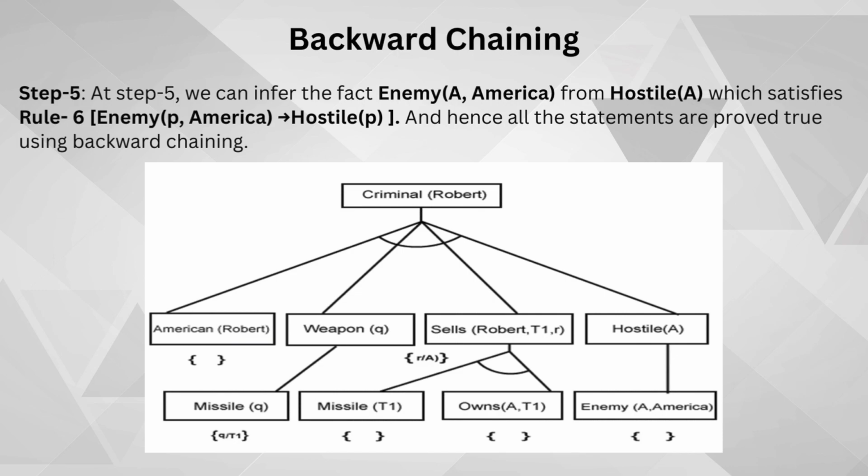Bringing it all together, we now have a bigger picture. We have connected the dots and used the rules to show that country A, where Robert sold the missile, is hostile, just like rule 6 tells us. So, the conclusion is Robert is a criminal.